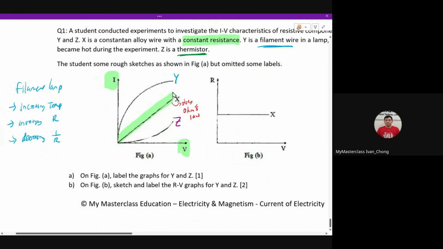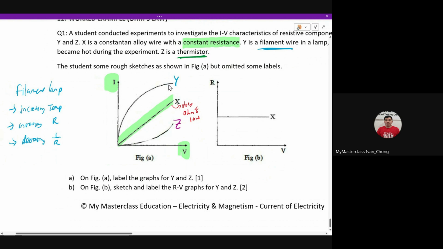Now, this is your IV graph over here. So for Y, you can see that your 1/R is decreasing, so your R is increasing. So how do you draw increasing R? In our second graph, basically you can see at the start, your resistance has a certain value.